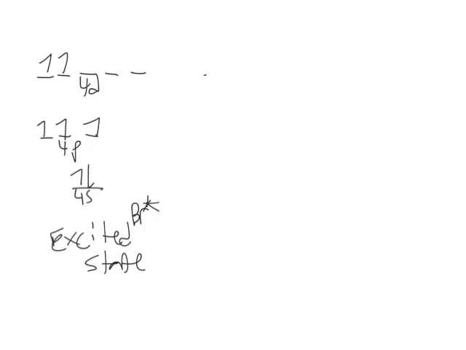Alright, so as you can see, this is the excited state of bromine, and now we're going to move on to the hybridization of it. This is going to be sp3d2 hybridized.